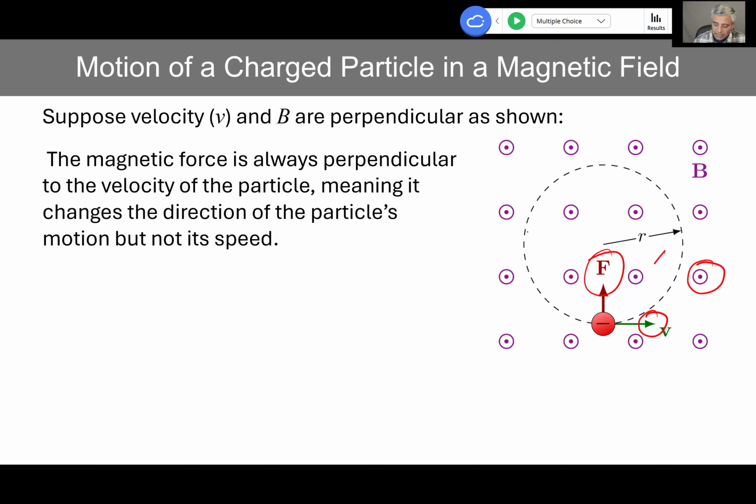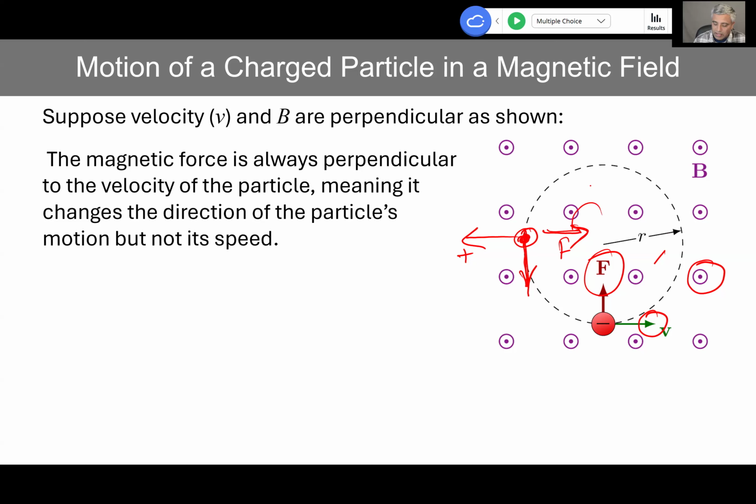If the electron was moving like that, then you need to point your finger down, and the force for a positive charge would point one way, and for this negative charge it points the opposite.